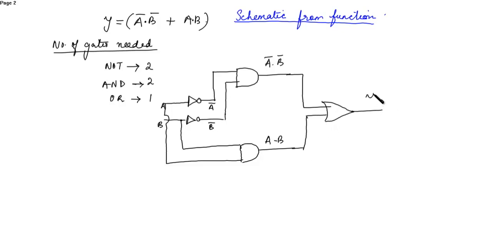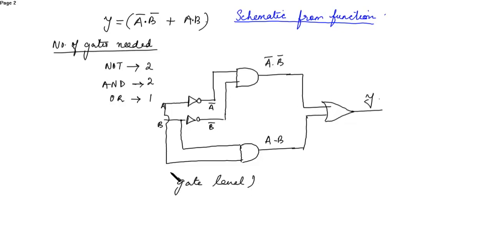This is the final output Y. So you can see two inverters, two AND gates and an OR gate. Now if you expand this in the schematic, this is the gate level.